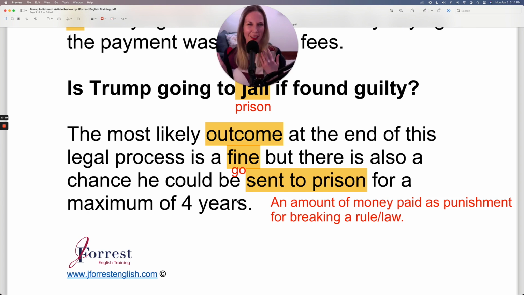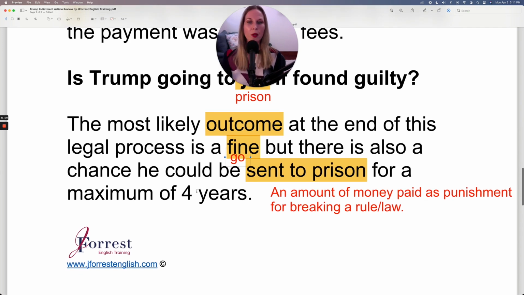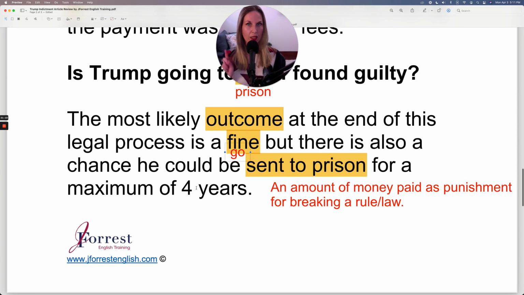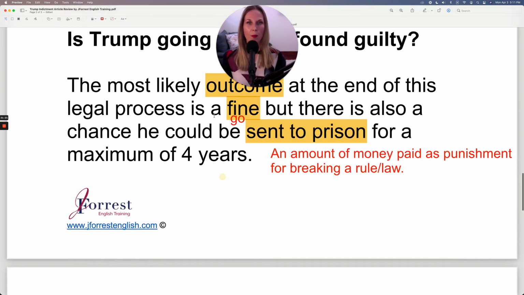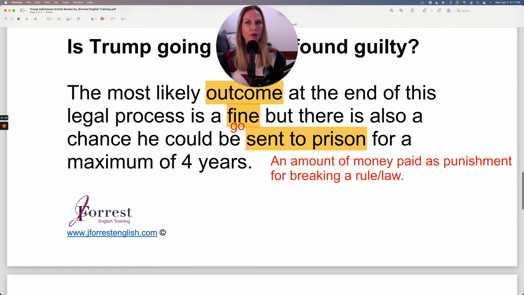But it's pretty silly because obviously nobody would choose to go to prison. So you can simply use go to prison for a maximum of 4 years. That's the maximum. It doesn't mean he's going to go to prison for 4 years. That's just the upper limit of what's possible. But more likely, they say the most likely outcome is the fine. So he'll have to pay some amount of money.